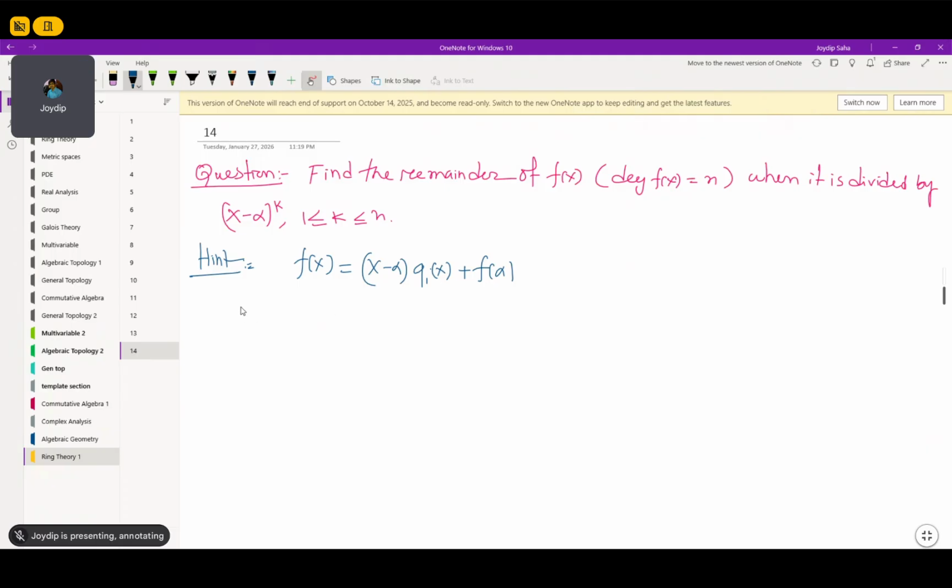Now, if f(x) is divided by (x - alpha) whole square, then ax + b should be the remainder. So f'(x), what is this?